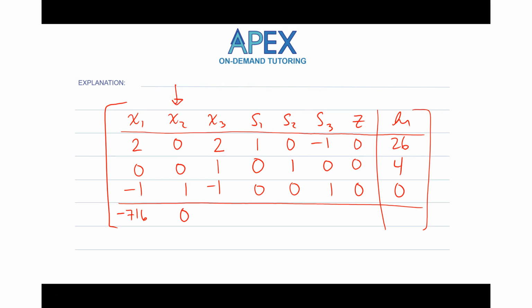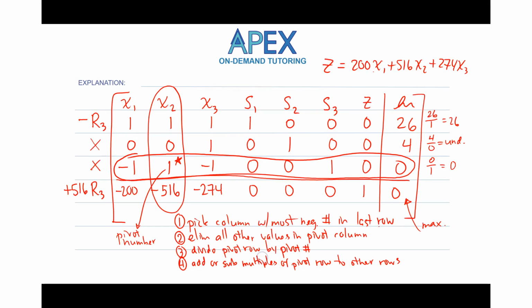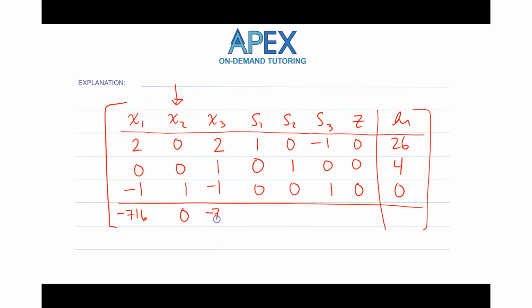It gets rid of all of the non-1 entries except for our pivot. That's why we call it the pivot. And then for the last one, we have negative 274 minus another 516, or negative 790. Okay? And to round out these numbers, we'll have 0, 0, 516 because of this one right here, 0, and 0.